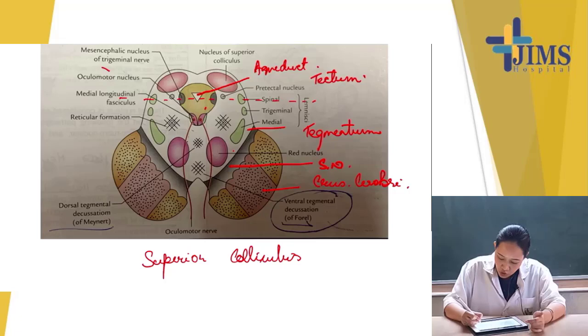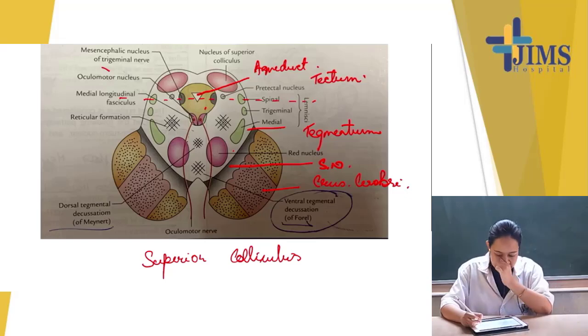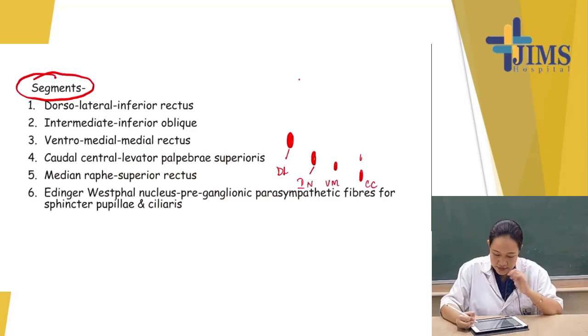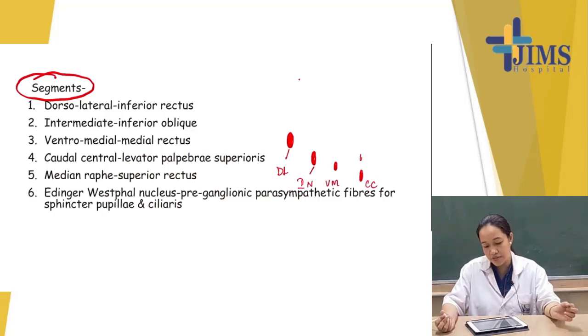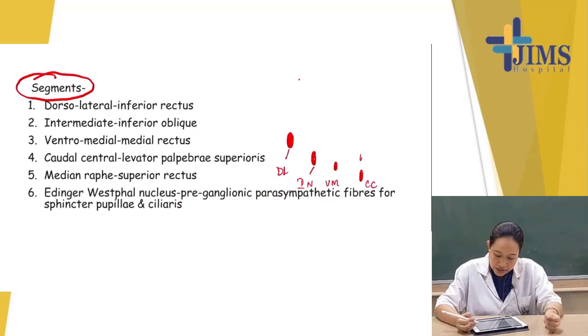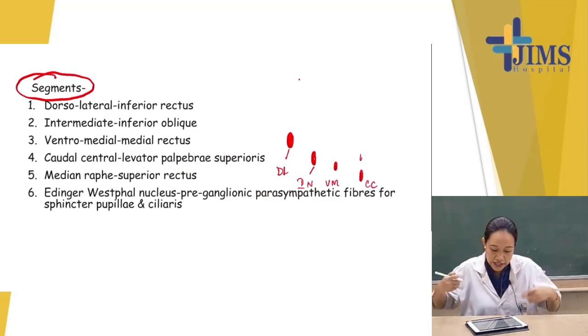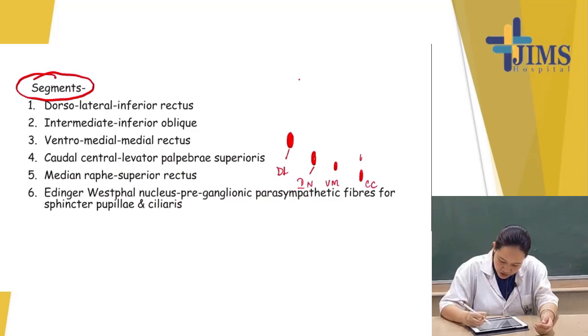Just above the caudal central, we have the median raphe. Similarly, on the other side we have ventromedial, then the intermediate nucleus, then the dorsolateral nucleus. Lastly, just posterior to the nucleus we have the Edinger-Westphal nucleus.